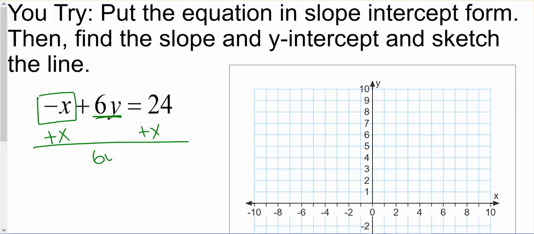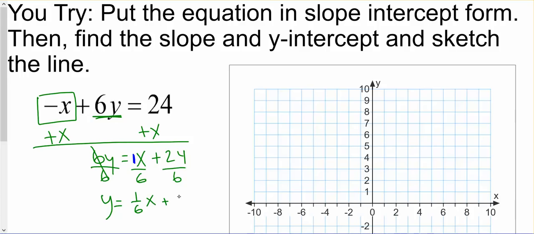We get 6y equals x plus 24. And now we divide by 6. So what's in front of that x? That's really a 1x, there's an invisible 1 right there. So we get y equals 1/6 times x plus 4.